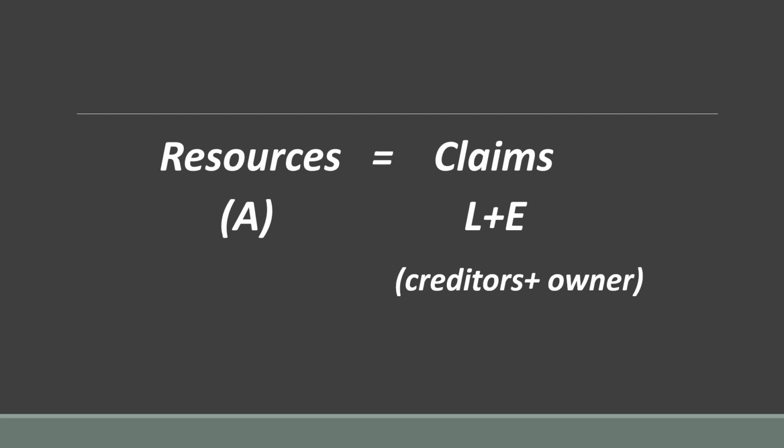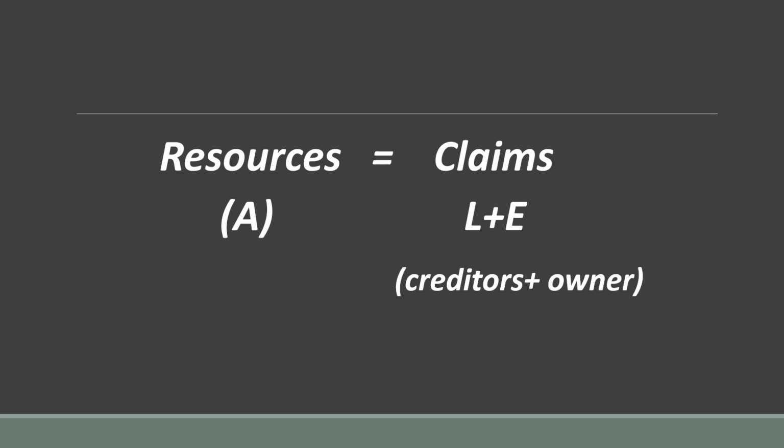So, paano natin masasabi na ang resources or an asset is either a claim of the owners or claim of the creditors? So, for example, there is a capital investment. So, the owner invested cash to the company or to the business. Because of that capital investment, nagkaroon ng increase in cash. So, nagkaroon ka ngayon ng cash, which is an asset or resource.